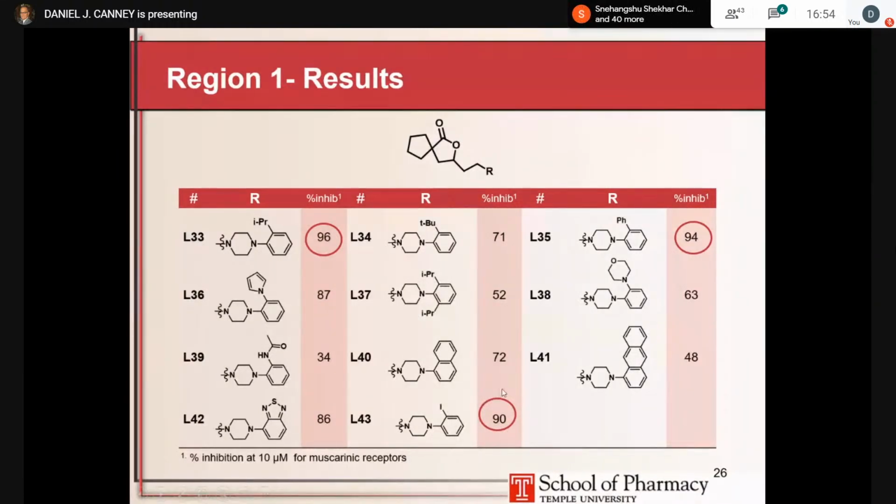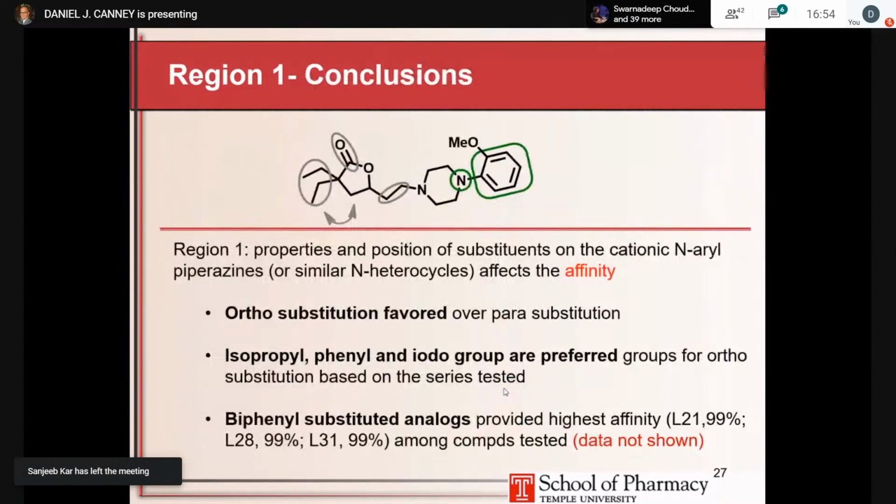So it's great that we were able to make these compounds. It answered the question we were interested in, and we learned a lot. But we were somewhat disappointed in the results. We were hoping that these bulkier aromatic systems would have higher affinity.